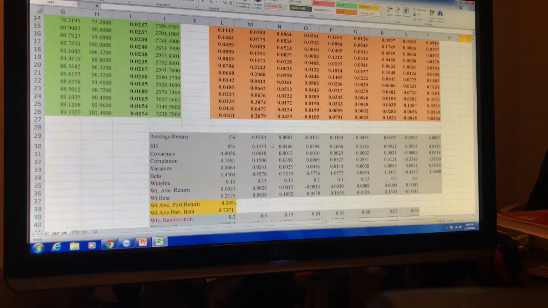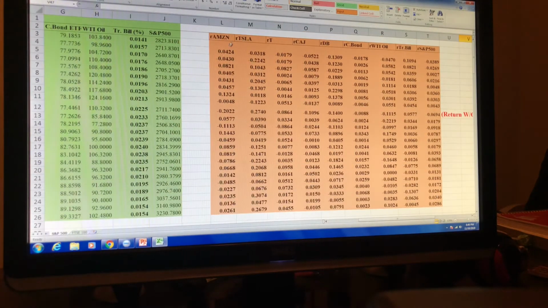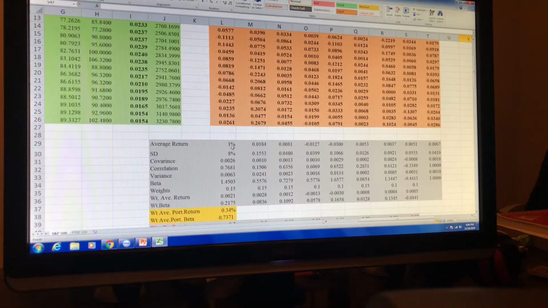We're going to go back to this Excel spreadsheet. So the return on the Amazon stock, the standard deviation from the mean, which was the average return, was about 8%. That means that the standard deviation deviated 8% of the time from the average return, and so on and so forth.